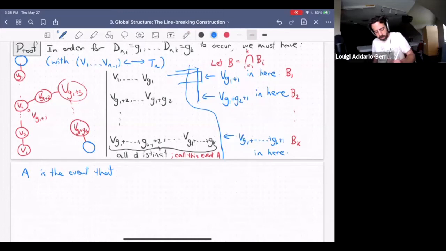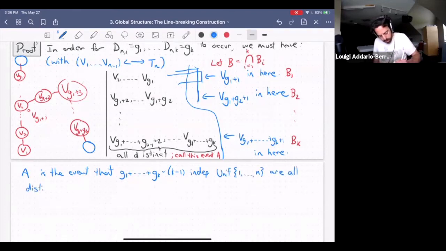So this is just the event that g1 up to gk minus (k minus 1) independent uniform random variables on the set 1 up to n are all distinct. So that has probability, just using the same sort of product of conditional probabilities calculation that we did before.